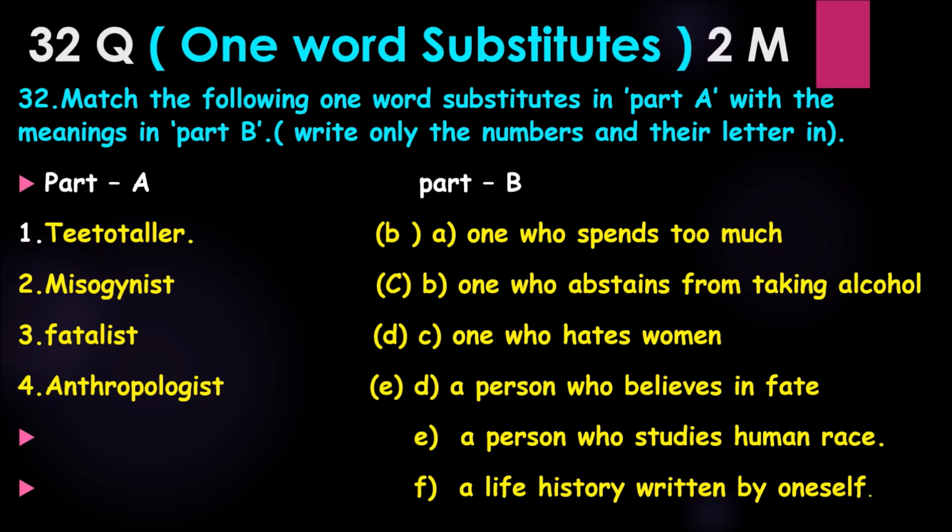So that's the end of question number 32, and this is how you can do your vocabulary. And if you read all the reading A lessons thoroughly, you can score good marks in vocabulary. And this time we have 24 marks for vocabulary, so you have to focus more.